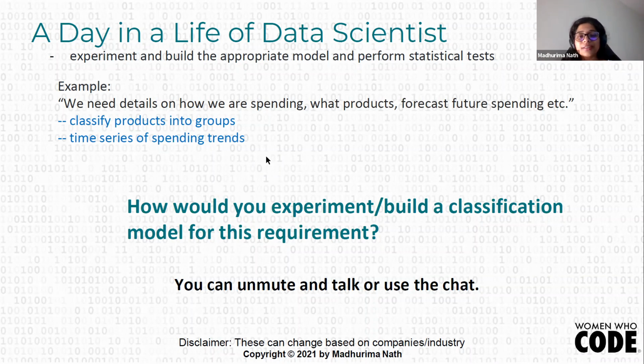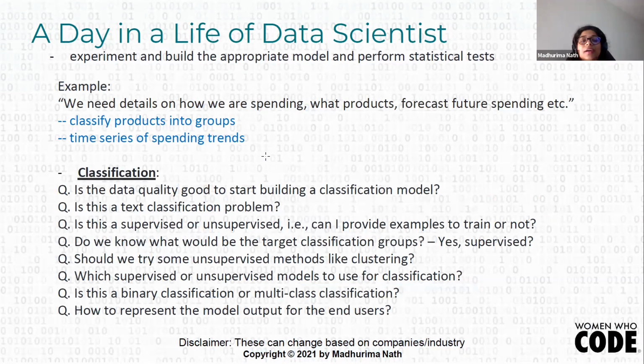So let's move on. Again, the first question always starts with, is the quality good enough to start building a classification model? Is this a text classification problem or a number classification problem?